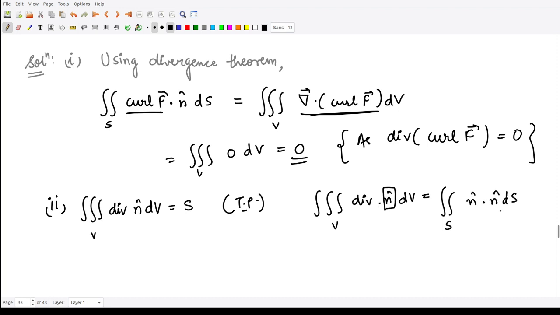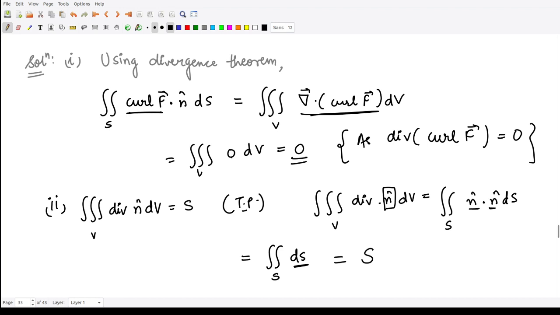The dot product of n vector dot n vector is simply equal to 1. So it would be the double integral over S of ds. And if you take the surface integral over the whole of the surface, it would be equal to the complete surface itself. So this is what we wanted to prove here.